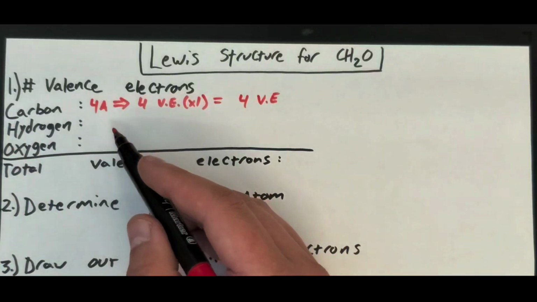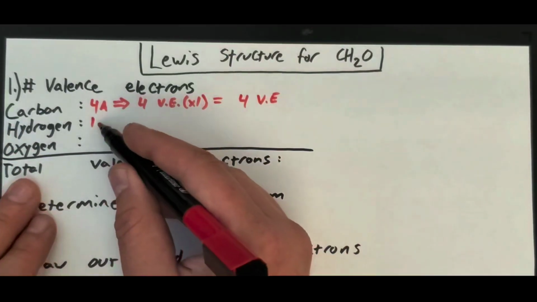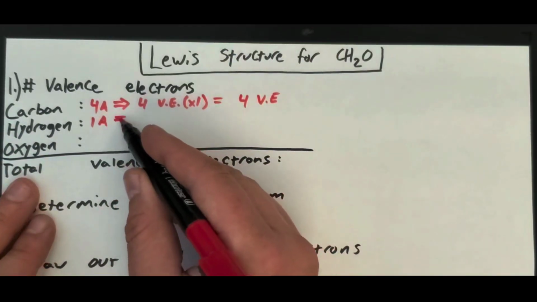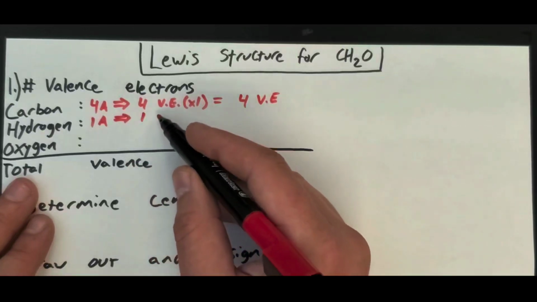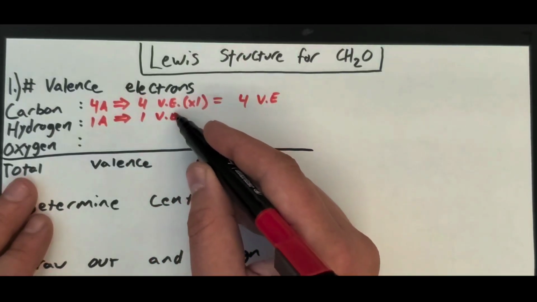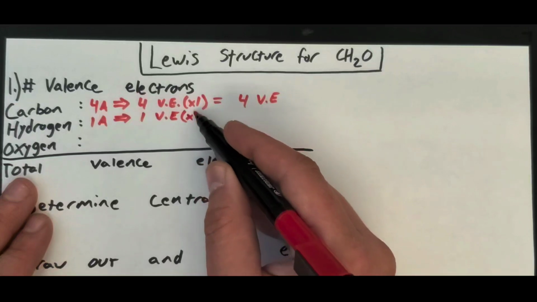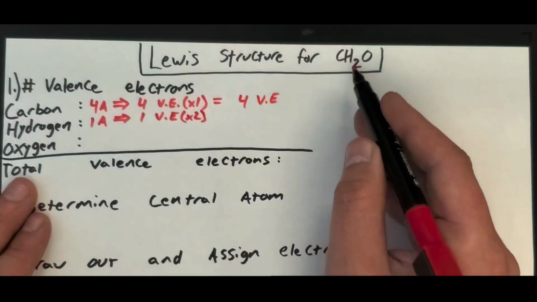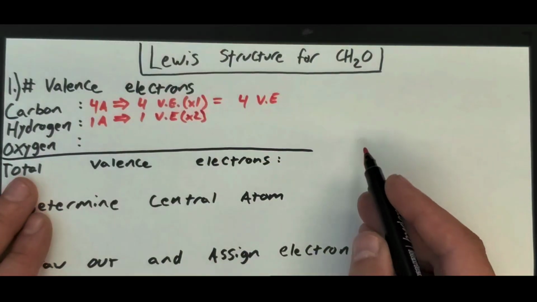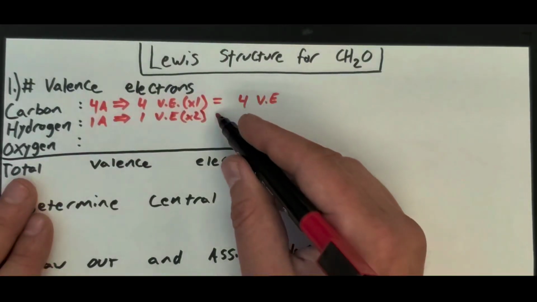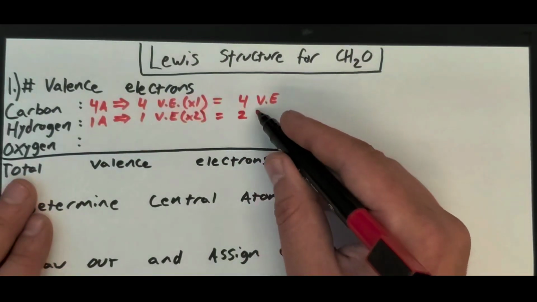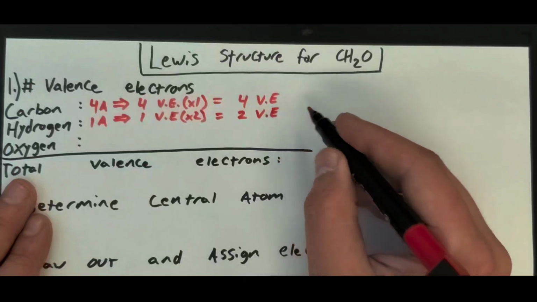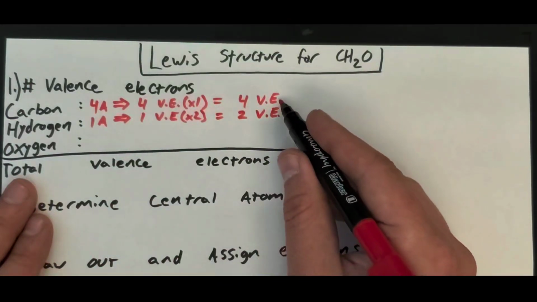Now hydrogen is a row 1A element, which means it's going to contribute 1 valence electron, and we have 2 of those in our chemical equation, and so that means it will bring 2 valence electrons from the hydrogens.